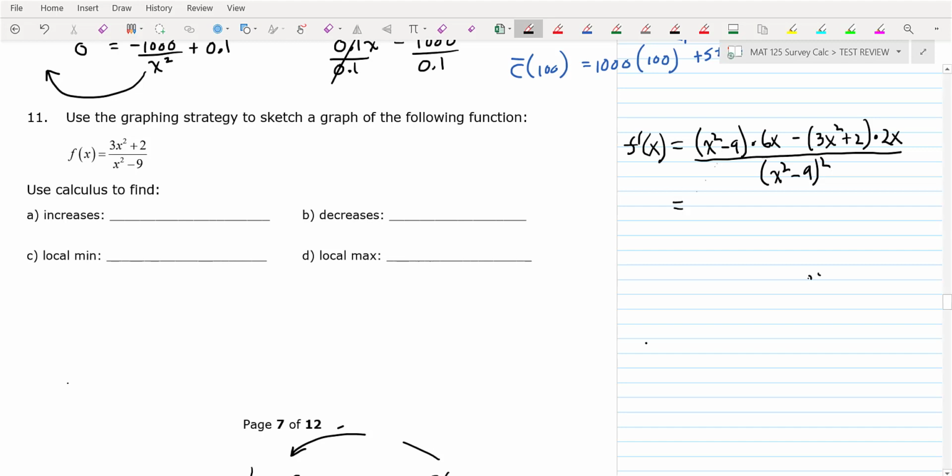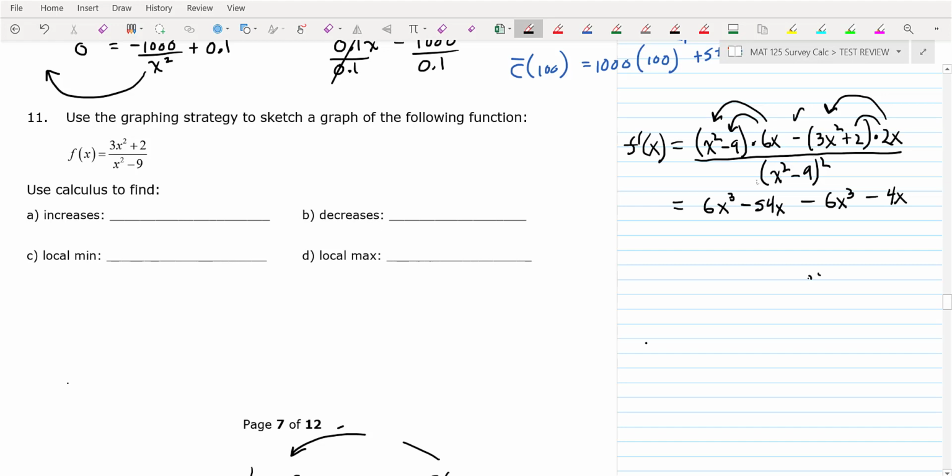So what I'm going to do, probably the simplest way, is just distributive property. So I would have 6x times x squared minus 9, which is 6x to the third, then minus 54x. You've got to be super careful with signs because it'll mess the rest of the problem up. So that is 6x to the third, but it's minus. The next one is 4x, but it's also minus because of that minus distributing through.